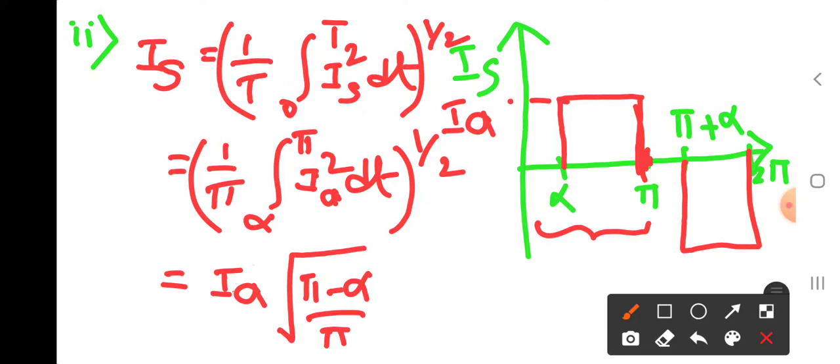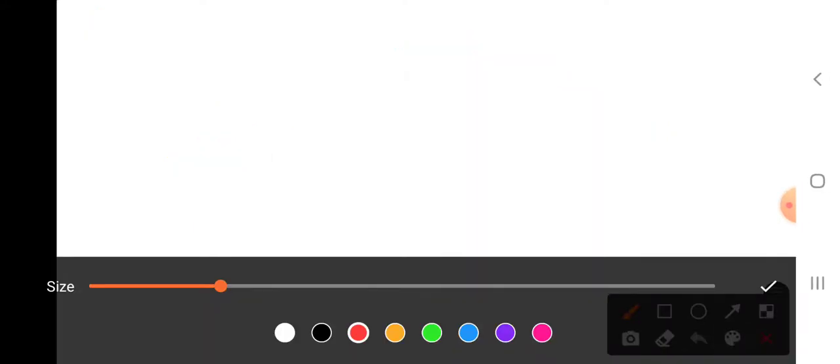We know the value of alpha is 45 degrees, that is pi by 4. Hence IS is equal to IA into the square root of pi minus pi by 4, over pi. IA is 15 amps.